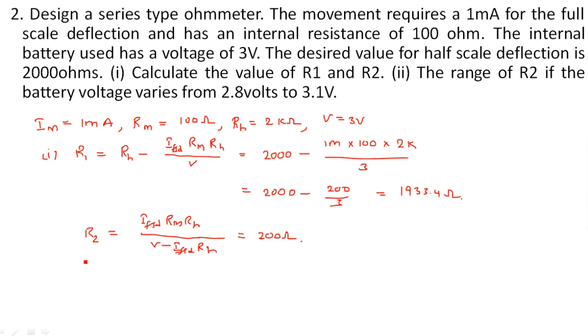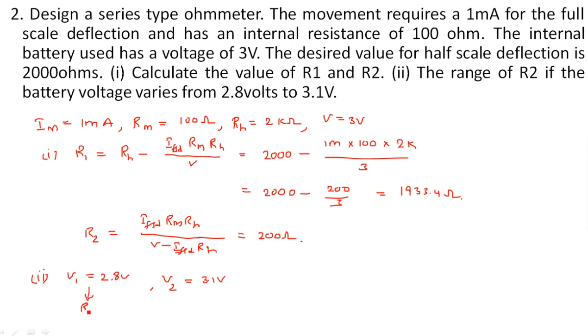Now, what he is asking is the range of R2 if the battery voltage varies from 2.8 volts to 3.1 volts. Very simple. In the second case, he is asking a range, that means two voltages are given. V1 is given as 2.8 volts and V2 is given as 3.1 volts. Instead of a single value V, here he has given two values. Now what we will do?